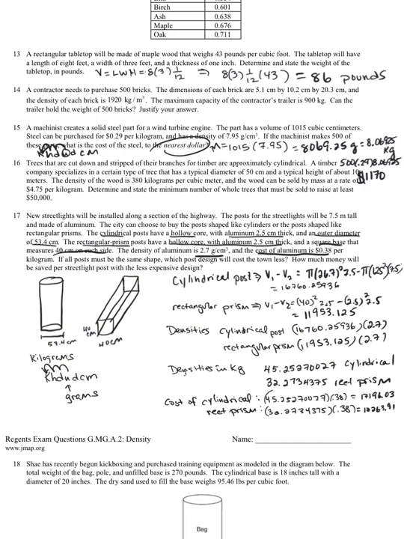I got my answers, and so the less expensive design is the rectangular prism. You already knew that that was going to be the less expensive all the way back here when you got the volume, didn't you? Because it was less volume. Because the price for the aluminum didn't change. Okay, however, very smart of them to ask you how much would be saved per streetlight post.